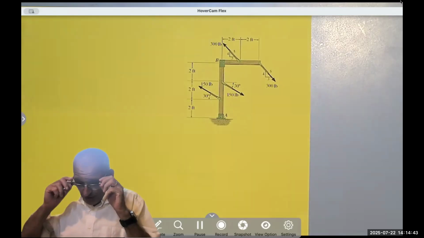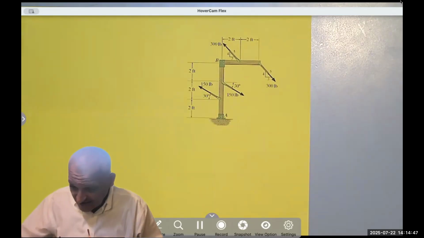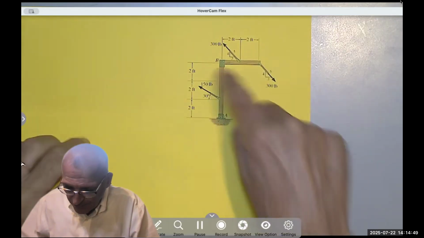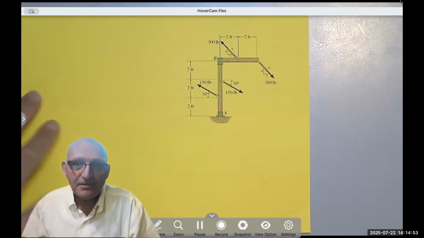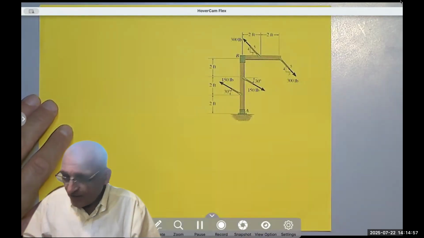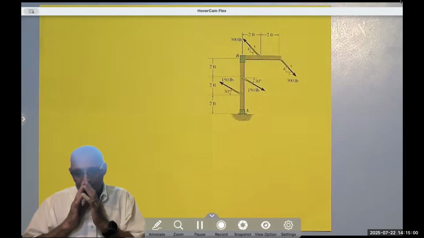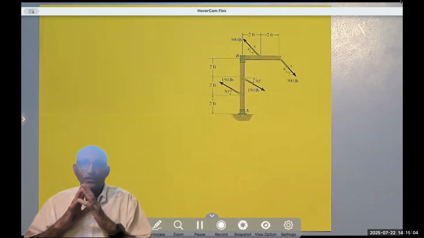One way to do it, we know that the couple is a free vector. And since both of them are rotating clockwise, they will be producing a negative k moment, or a negative moment that goes into the z-axis, not at a specific point, at any point. The idea is how do we solve that?